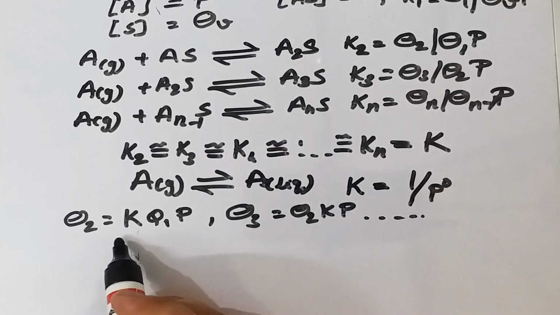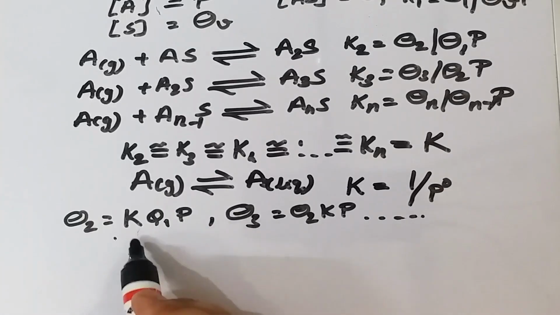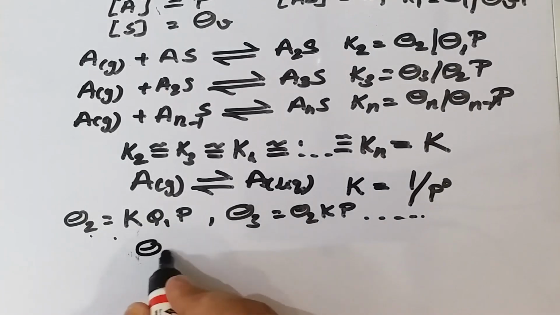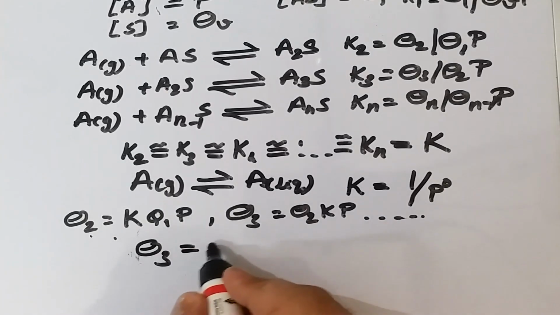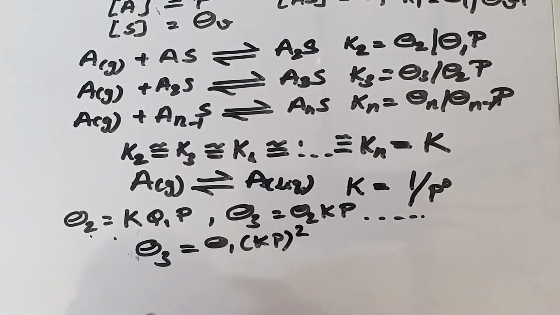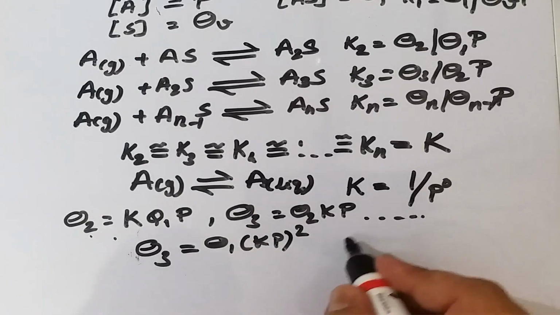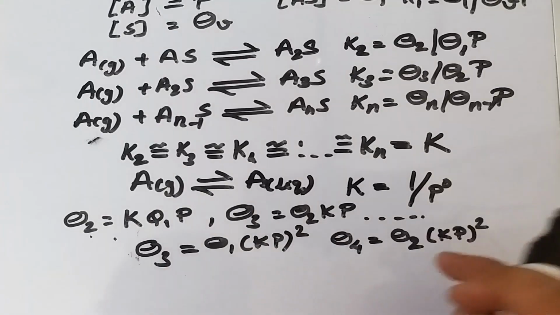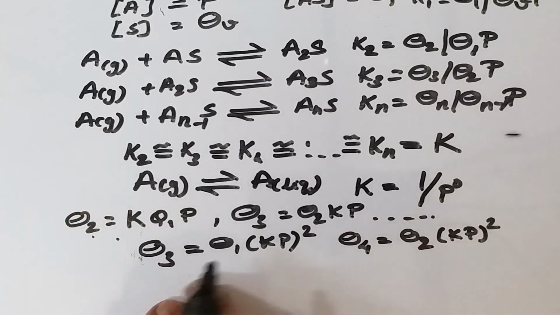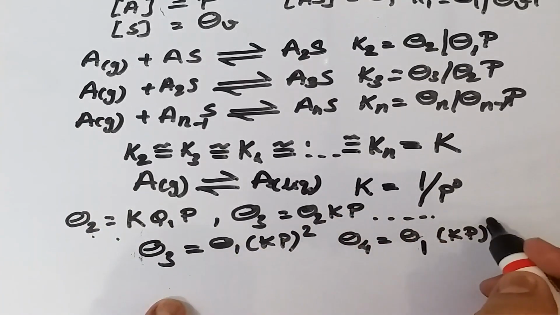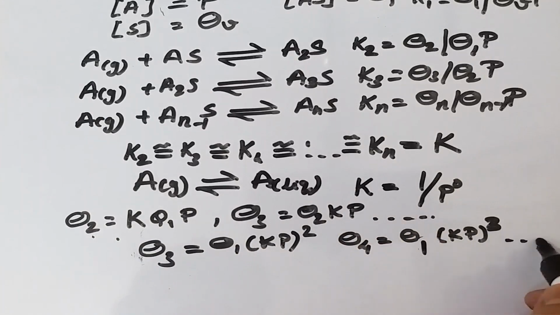And when we combine these two expressions, that is, we substitute the value of theta 2 in this expression, our theta 3 will be equal to theta 1 into Kp squared. Similarly we will have theta 4, and when we substitute the value of theta 3 in theta 4, we will have theta 1 into Kp cubed, and so on we will get our values.